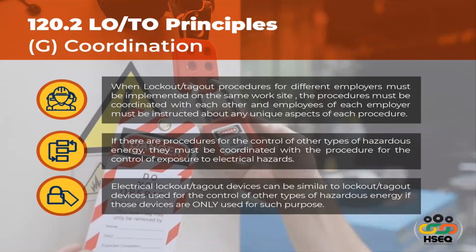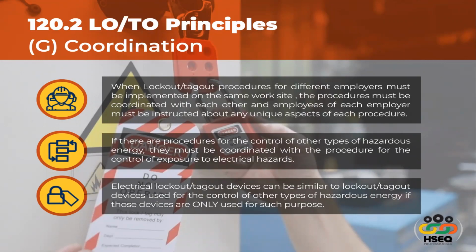In order to perform work at that site, I need to perform electrical work, but I have to stop the other type of energy which is also present in that area. So I will be establishing my electrically safe work condition and applying my lockout and tagout. This procedure must be coordinated with the control of other types of hazardous energy present in that area. For the duration of the work, the other types of hazardous energy need to be controlled and blocked.